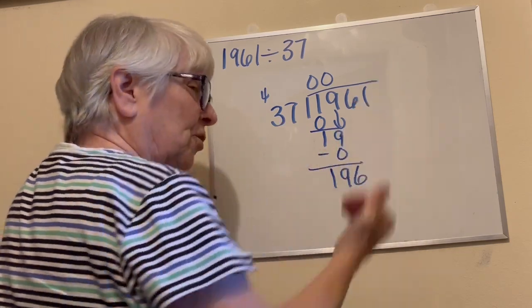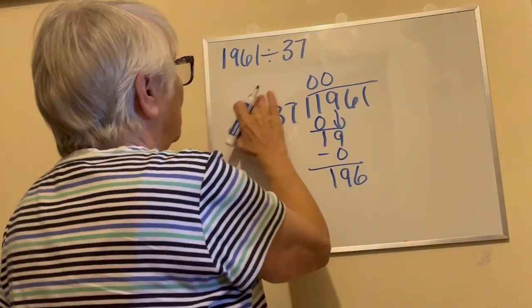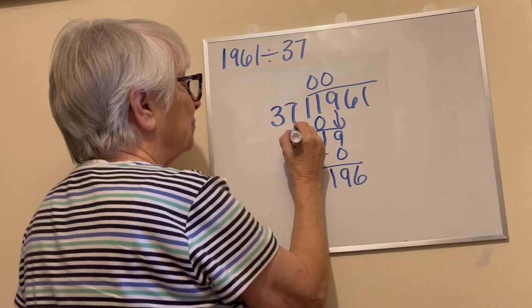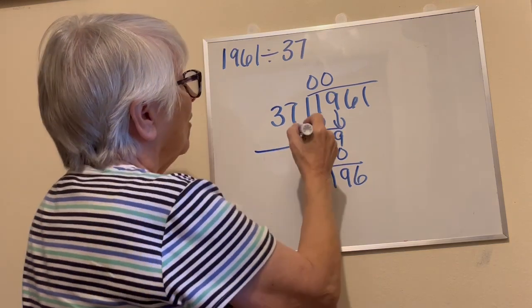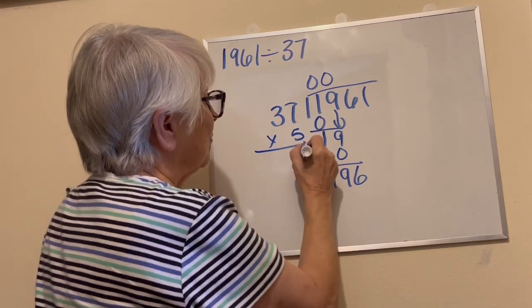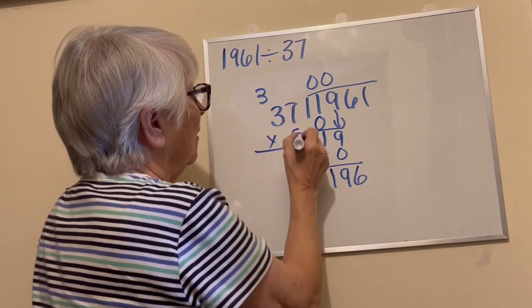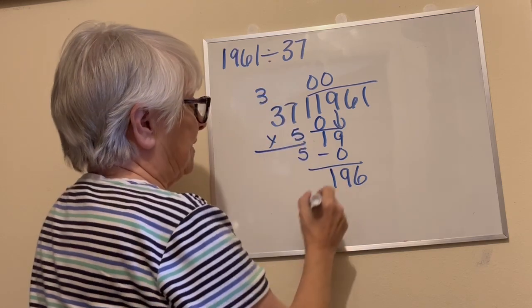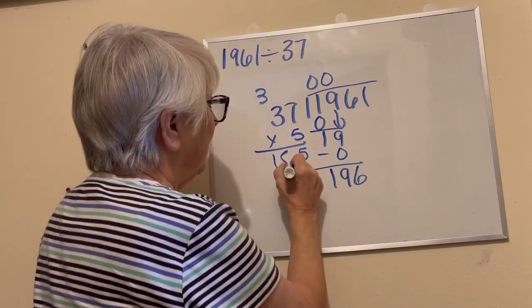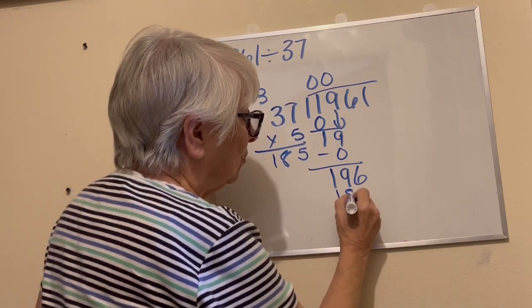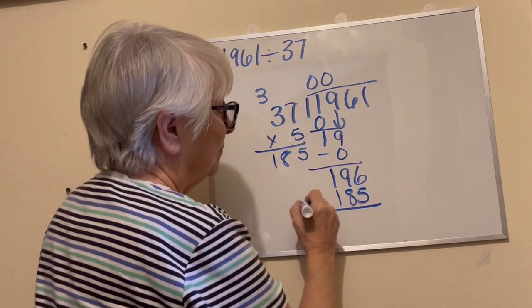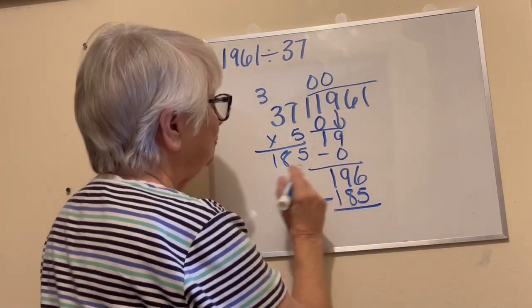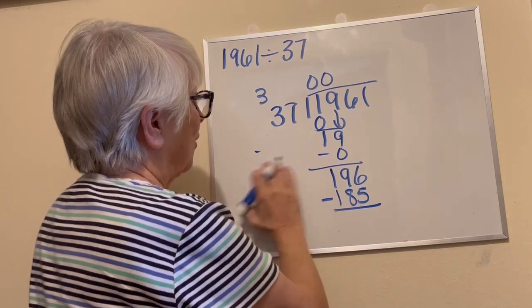I'm just going to go 1 number down because the 6 didn't work. 5 times 7 is 35. Carry a 3. 5 times 3 is 15, 16, 17, 18. So that's 185. That looks like a good try. Okay? And I'll subtract.